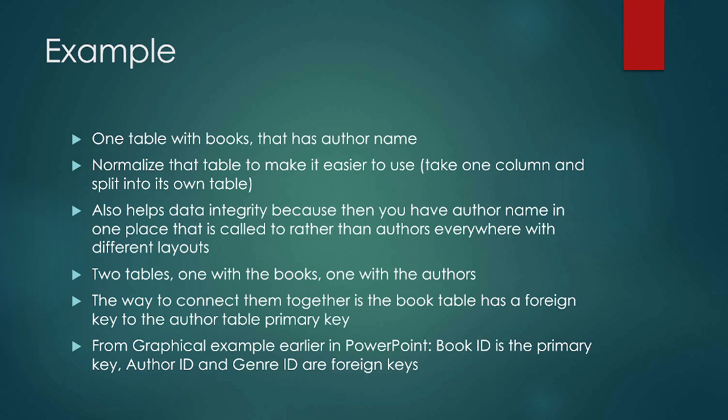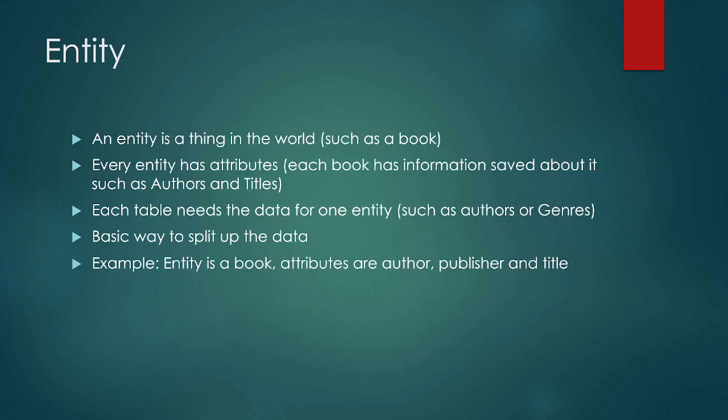Normalize the table to make it easier to use. And after we have our table normalized, we are likely to have two tables, one with the books and one with the authors. The way that we could connect them together is we would have a foreign key to the author table primary key. So in the example of my book, book ID is the primary key, author ID and genre ID are the foreign keys.